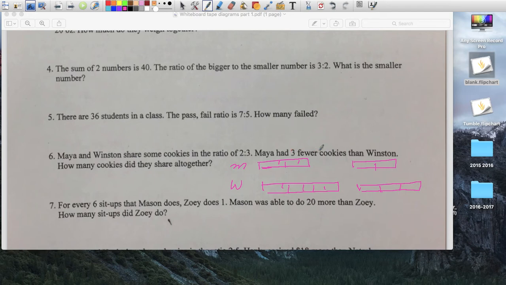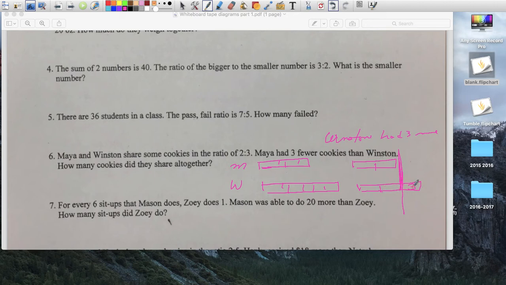Instead, I can also say that if Maya had 3 fewer, it means that Wilson had 3 more. Whatever number I put here, here, here, and here, they're all going to be the same. Remember, up to this pink line, these 2 boxes and these 2 boxes at the bottom represent the same quantity.